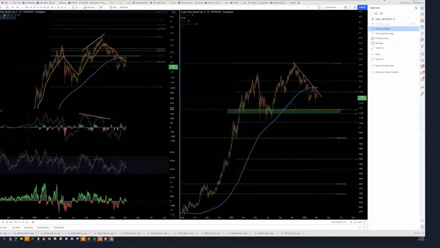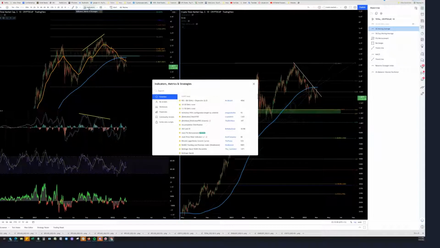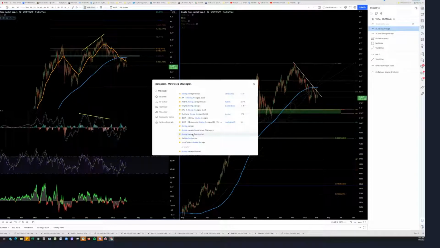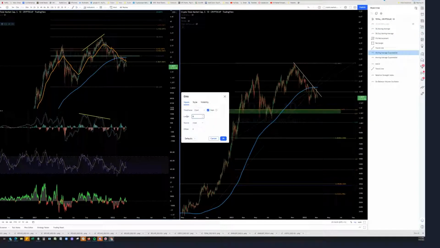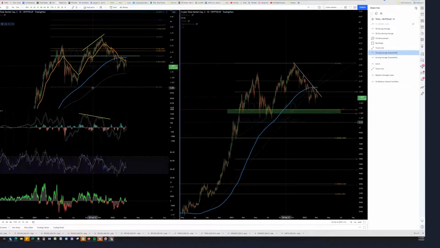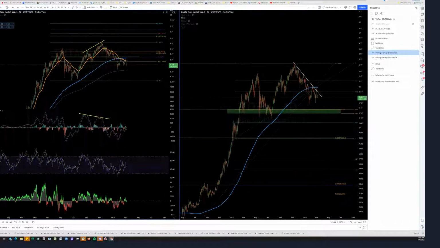And if I was to add the 20, that won't help. Actually, I'd like to see where the 100 is. Give me a sec. Okay. So that's a 100 moving average, and that could probably act like support as well. So the 100, and then we've got the 200.